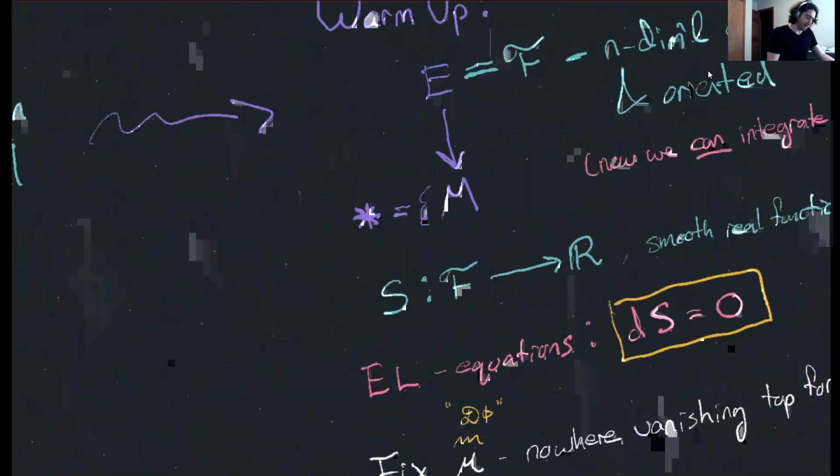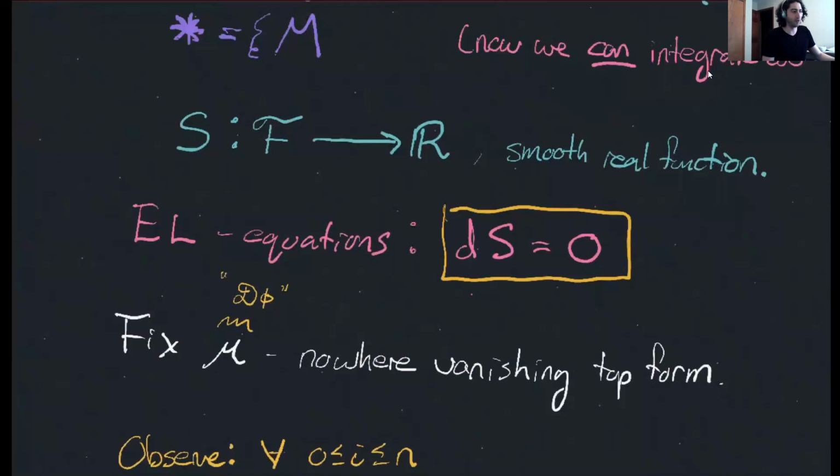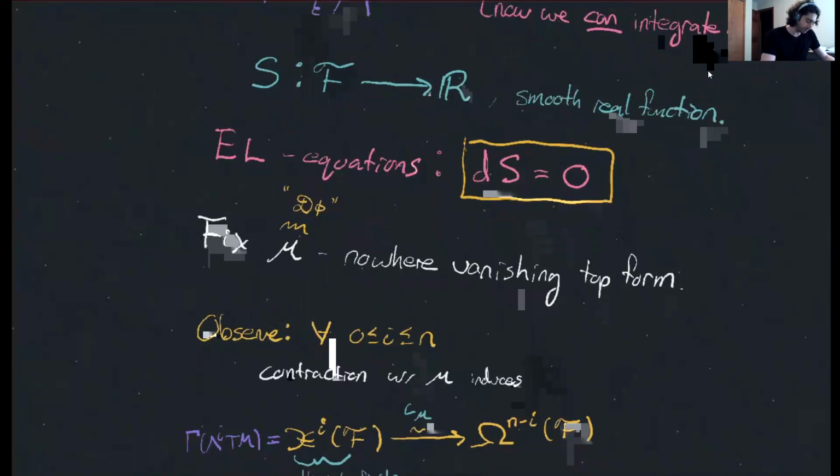So now let's just fix a volume form, a nowhere vanishing top form, and this is morally our dφ, or it actually is our dφ in this case, because this is a very, very special case of this setup where you can actually make sense of it. So let's make an observation.